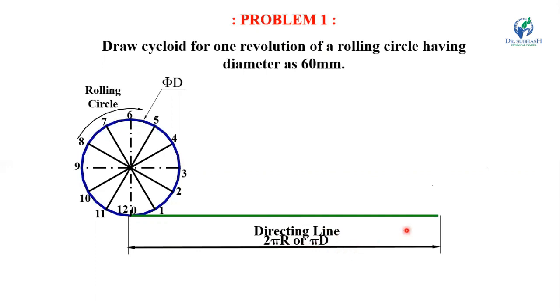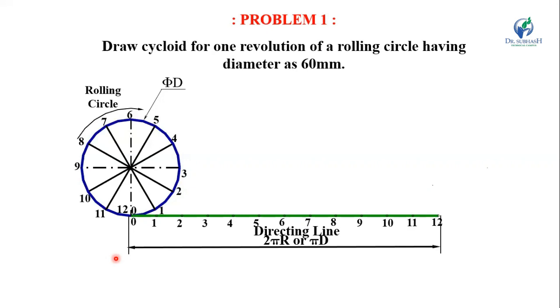Now divide this directing line into 12 divisions, the number of divisions equal to the number of divisions of the circle: 0, 1, 2, 3, 4, 5, 6, 7, 8, 9, 10, 11, and 12.